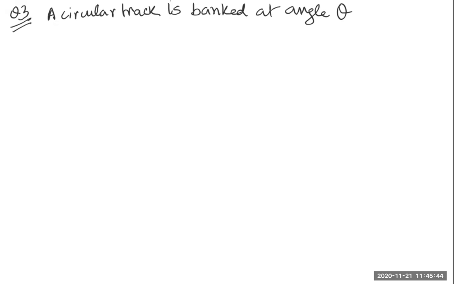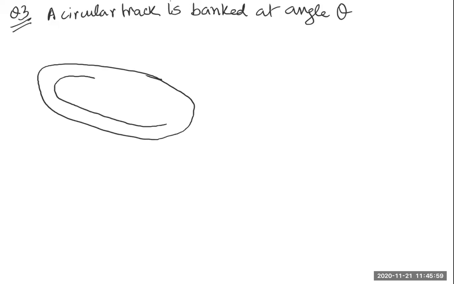Okay, and I don't think I can draw that diagram. I've been drawing for 20 साल से मैं कोशिश कर रहा हूँ ये बनाने का, but बनता नहीं है कभी मुझसे. So the track itself is circular, but it is inclined. So this thing is inclined.